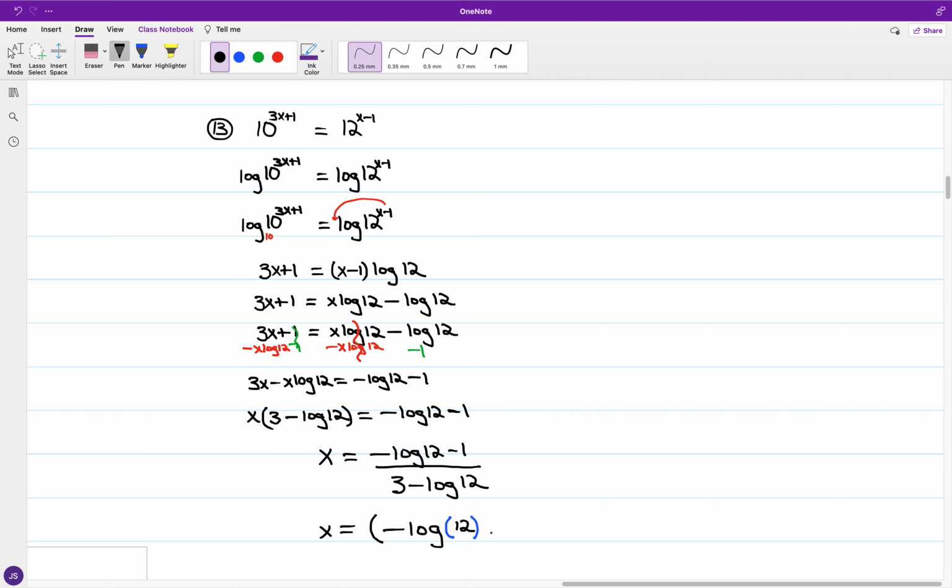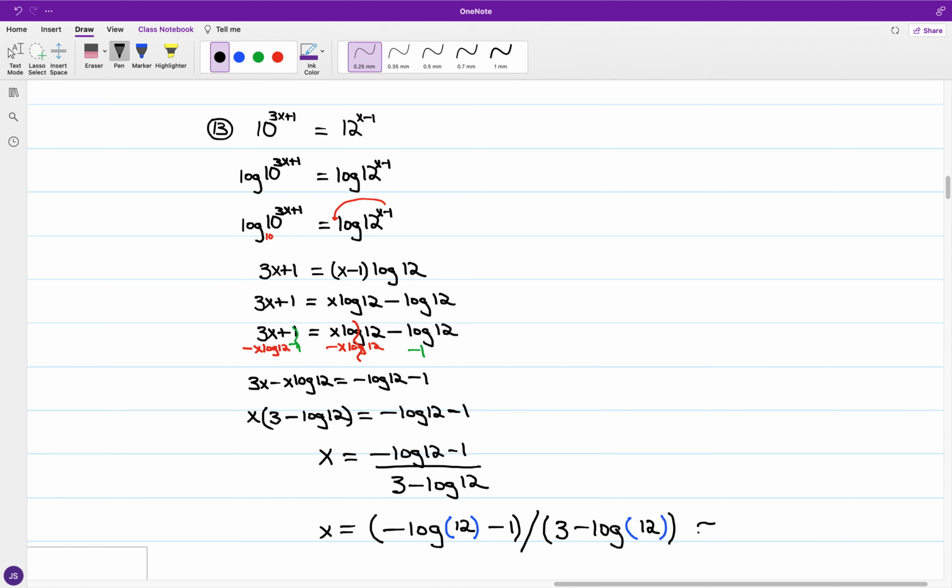Then we have minus 1, close out parentheses for the difference in the numerator, and divided by, open parenthesis, 3 minus log, and then parentheses around the constant 12, and close parenthesis for the difference in the denominator.